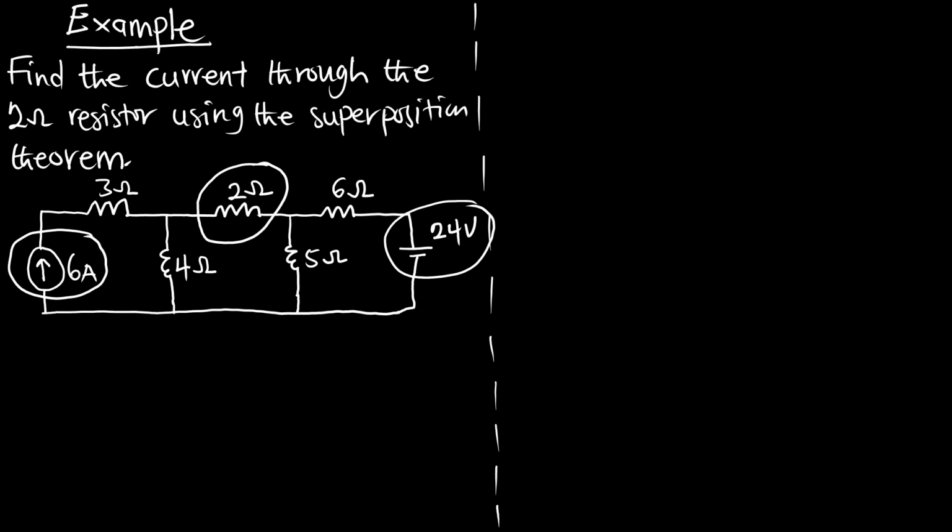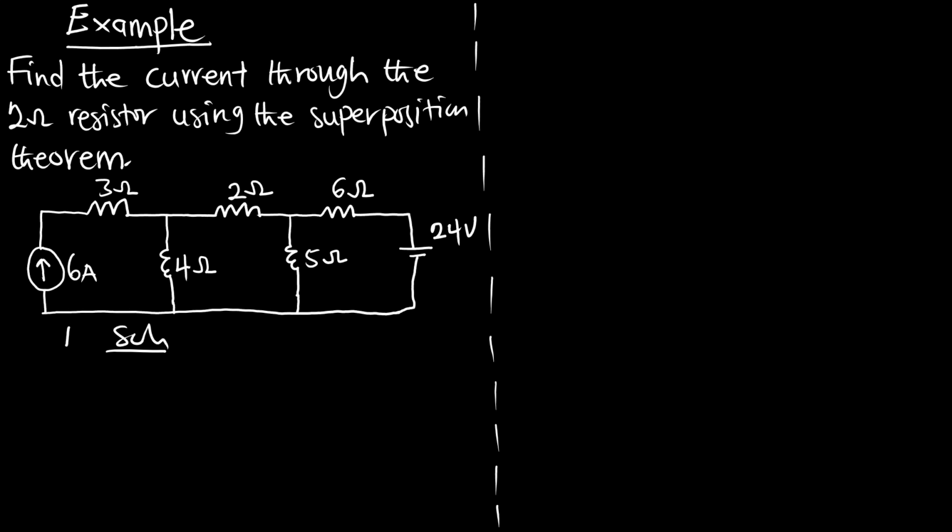First, I'm going to deactivate the voltage source and work with the current source. So let's look at how best it goes. So this, I'm going to let my solution, let the 6 ampere act alone. So in this case, I'm going to deactivate the voltage source. So this is going to be my diagram.